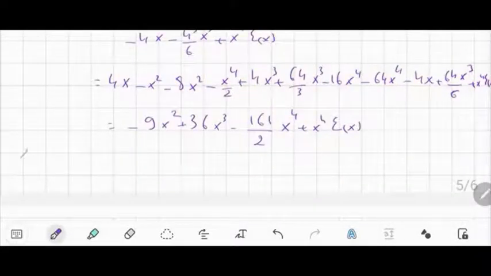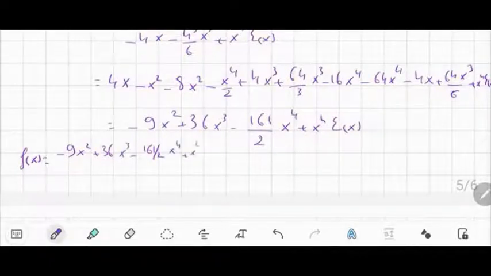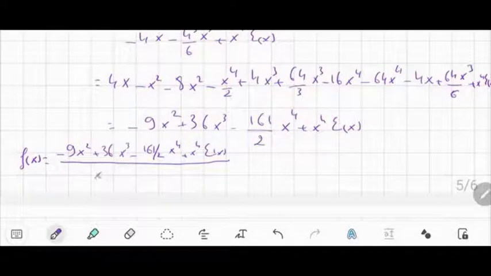Then f of x will be equal to minus 9x² plus 36x³ minus 161 over 2 x⁴ plus x⁴ epsilon of x divided by x² plus x⁴ over 2, which is the expansion of the exponential x² minus 1.